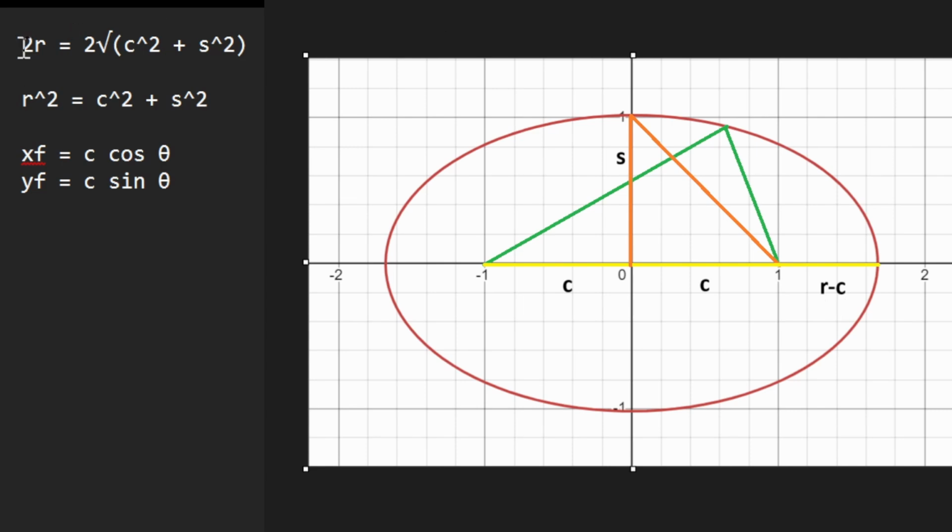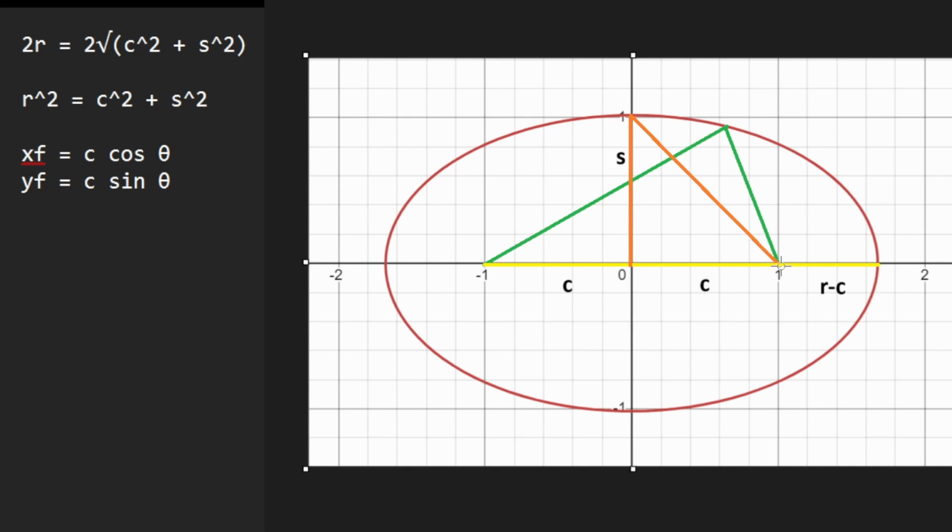So I've just put that on one side of the equation here, and that sum of these two distances has to be the same as the sum of the distances from this point to the two foci. And those distances will actually be the same since the ellipse is symmetric. So I just need to figure out what one of these distances is.